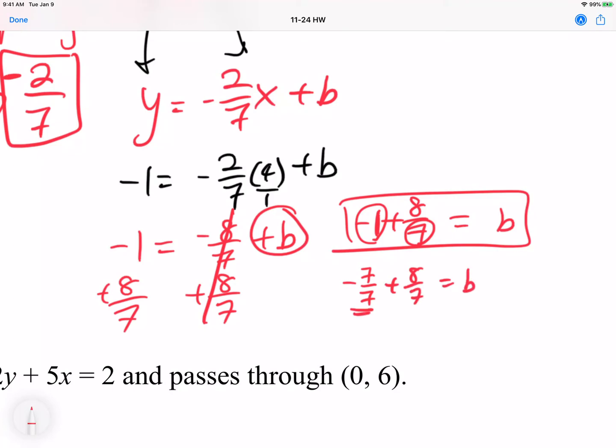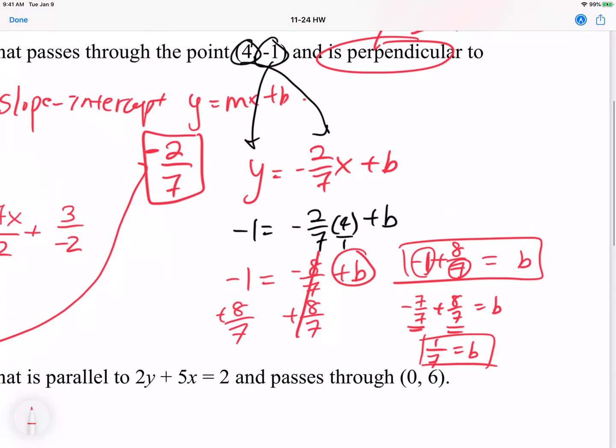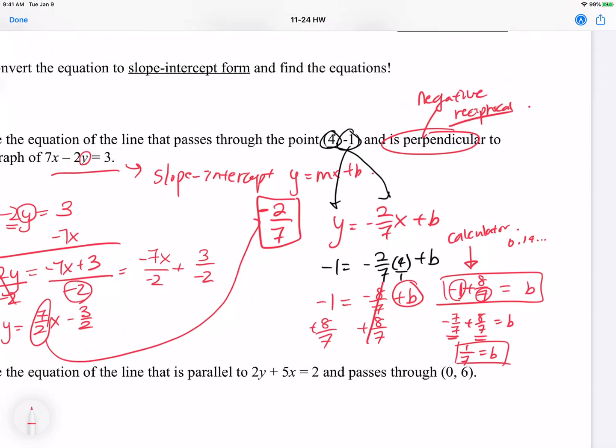So -7 over 7 plus 8 over 7 is 1 over 7. If this is too much for you, you can use a calculator, and you're going to get around 0.14, and you can use that as your answer.